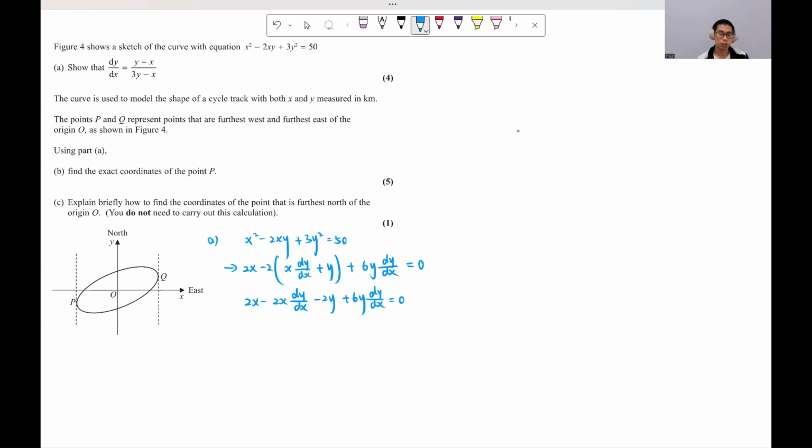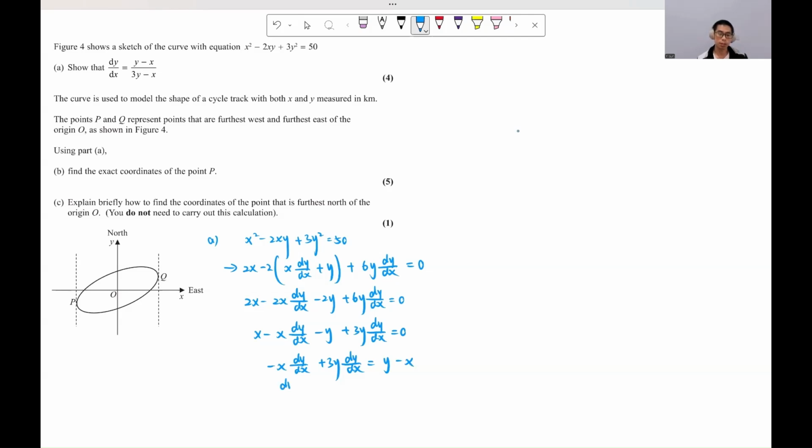And then divide by 2 on both sides. So that would be x minus x dy over dx minus y plus 3y dy over dx equal to 0. So now I will move all the dy over dx to one side and all the others to the other side. So that would be negative x dy over dx plus 3y dy over dx equal to plus y and minus x, that would be y minus x.